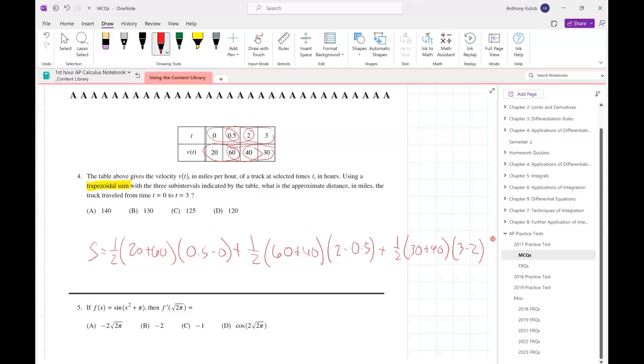So this is 80 times a half is 40 times another half is 20. This is 100. And then this is 3 over 2.